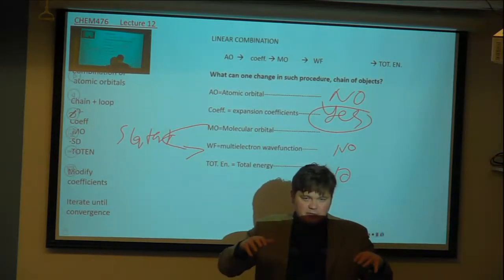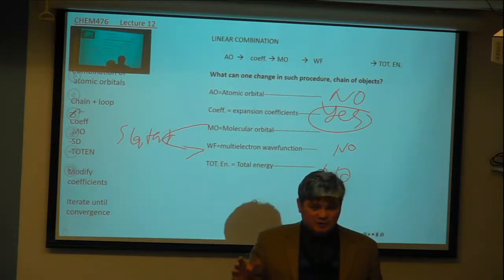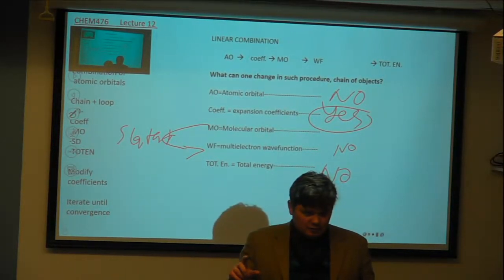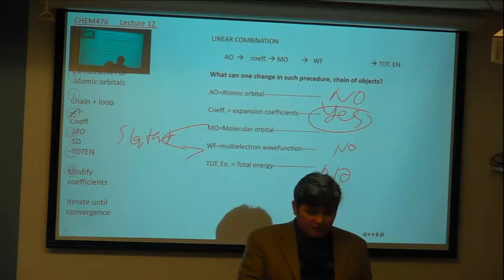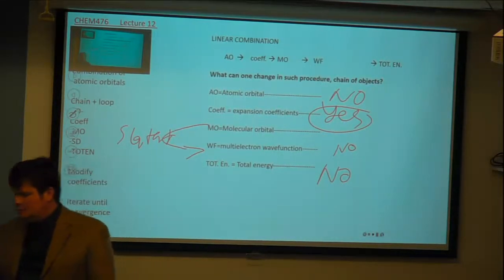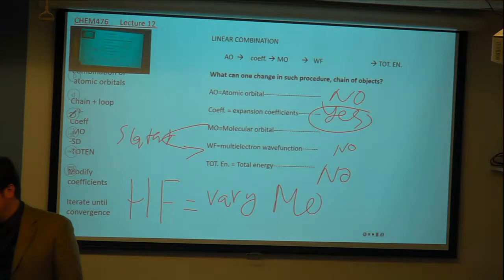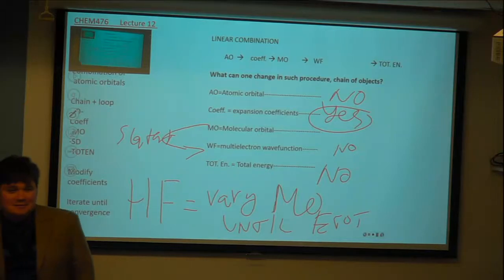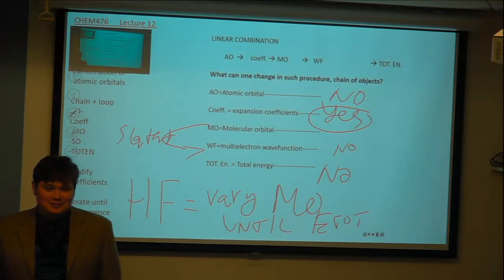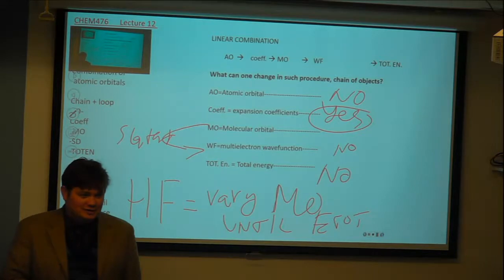You just change them, and you may submit random or not random numbers to expansion coefficients in a cycle until, through the variational theorem, you get the minimum of energy. So it's not hydrogen fluoride, it's Hartree-Fock. Another definition: vary MO until E total is minimal, until total energy is achieved.